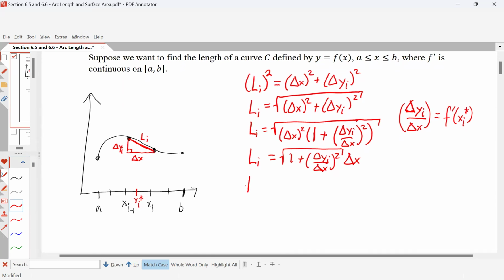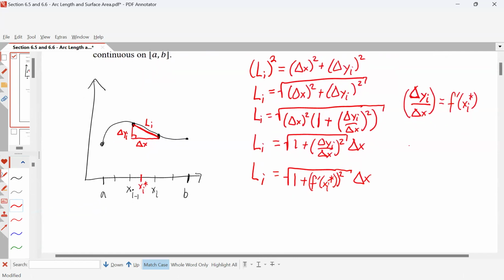So replacing that out, we have that these line segments L sub i is the square root of 1 plus the derivative at some value x sub i star, squared, times delta x.